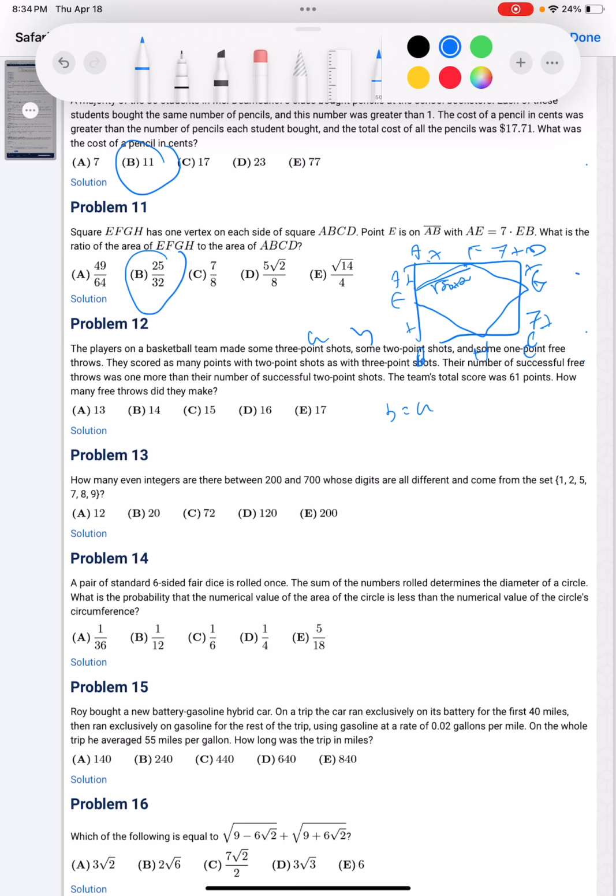Free throws is C, and that's one more than B, so B plus 1. So we can have B plus B plus B plus 1, it's going to equal 61. So basically B equals 20. And if B equals 20, then C equals 21.